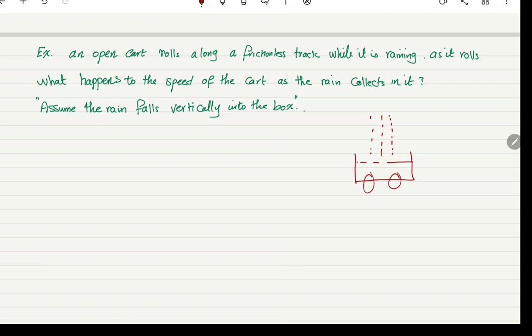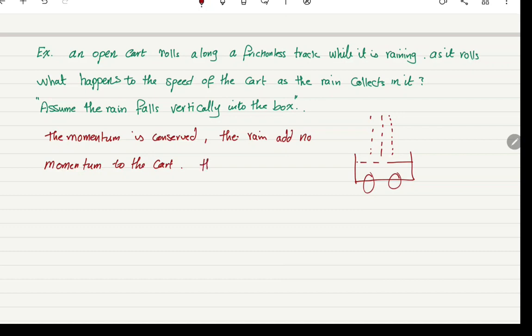Since the rain falls vertically, the momentum here is conserved, which means the rain adds no momentum to the cart because it falls vertically, but the mass of the cart will increase and the velocity of the cart will decrease.